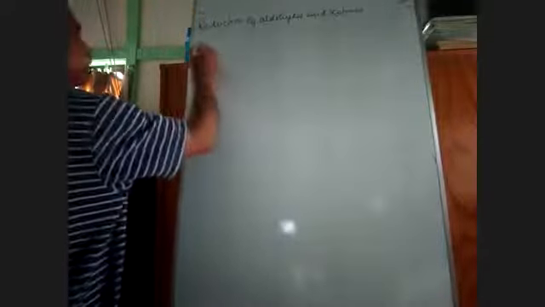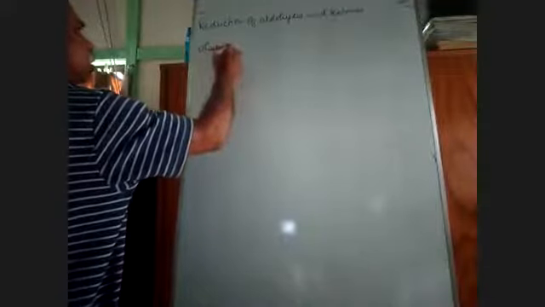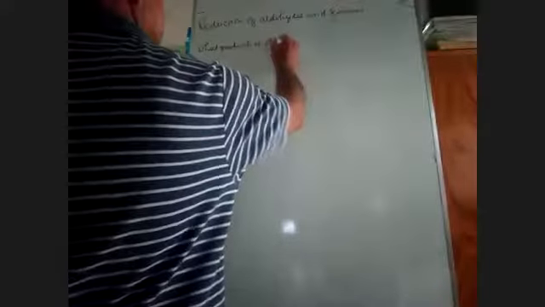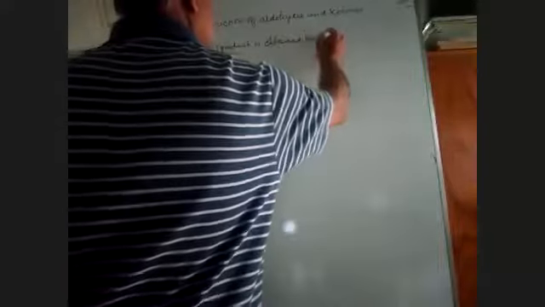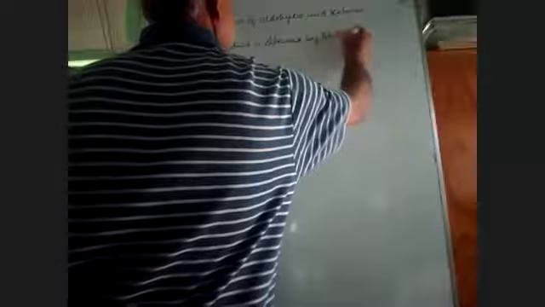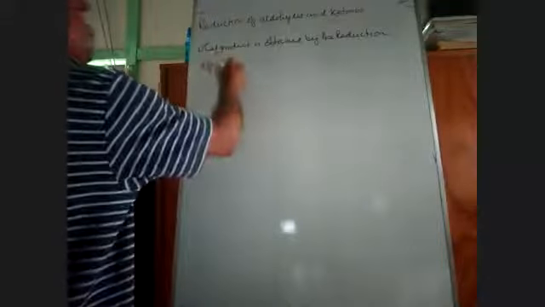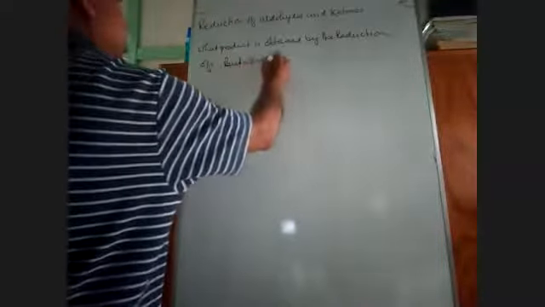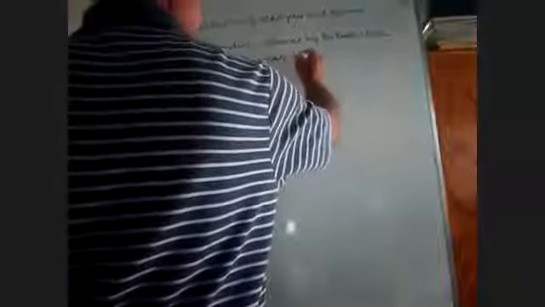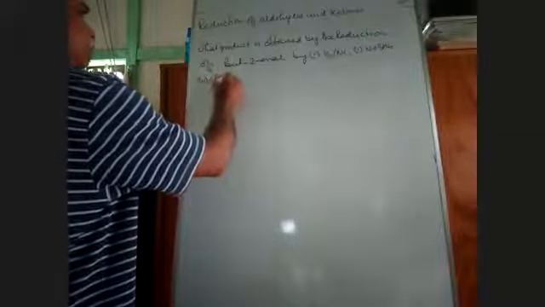What product is obtained by the reduction of butenal by 1. hydrogen over nickel, 2. sodium borohydride, 3. lithium aluminum hydride.